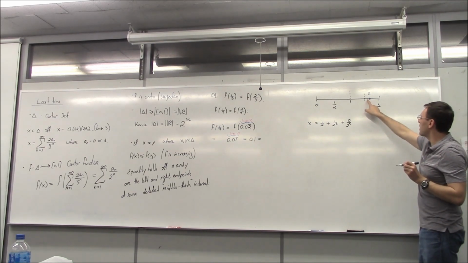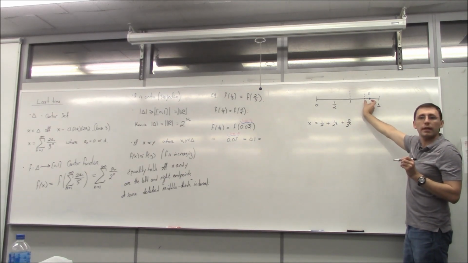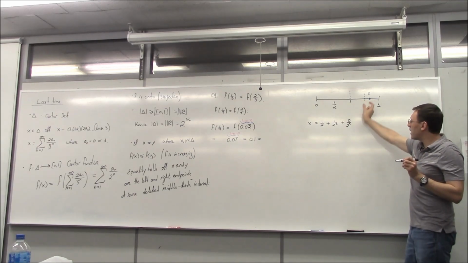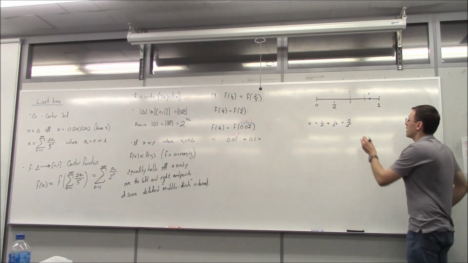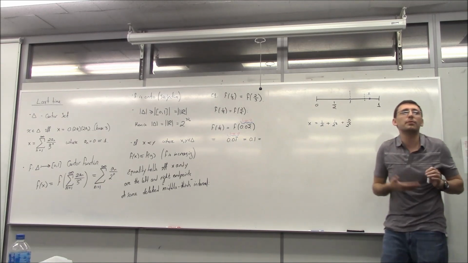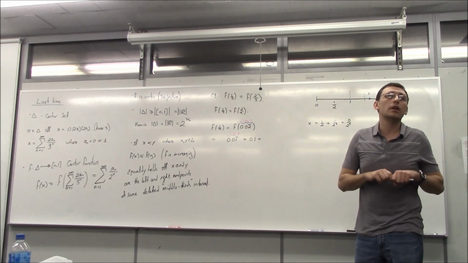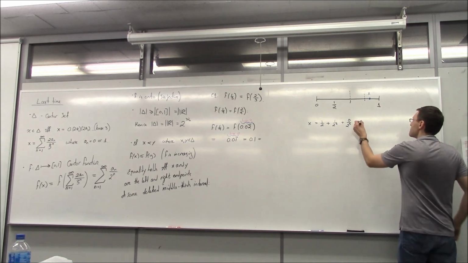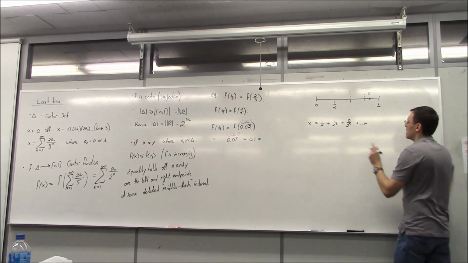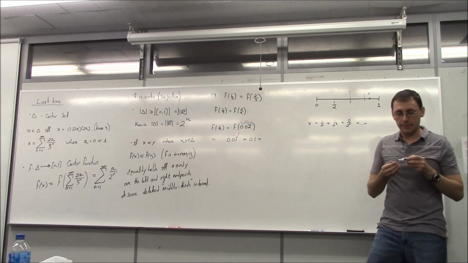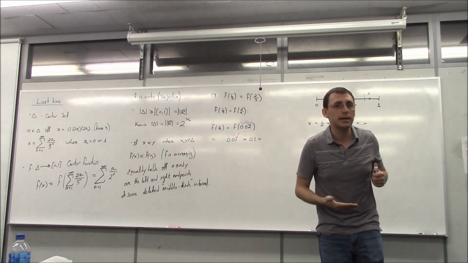If I move by 1/2 cubed more, I move beyond the x. So I moved by 0 over 2 cubed, and then maybe I need to move by 1 over 2 to the 4, etc. You see that this sum is growing. And in real numbers, what we did is we justified by the property that real numbers have supremum.